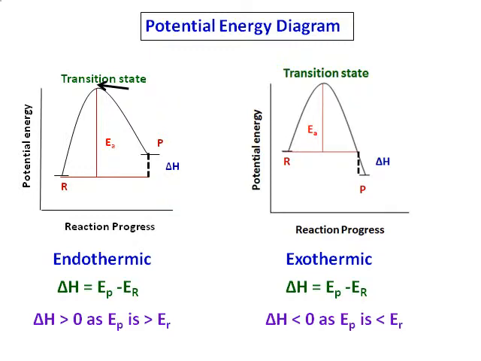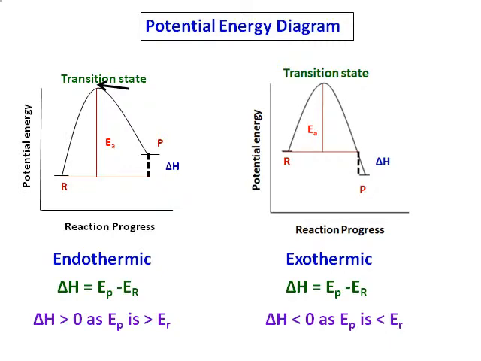But the point to be noted over here is the products are at a lower energy than the reactant, and hence when we calculate the value of delta H, the energy of the product being lower, the value of EP minus ER will be negative, and these are the characteristics of an exothermic reaction. Product at a lower energy level, and hence delta H will be negative.